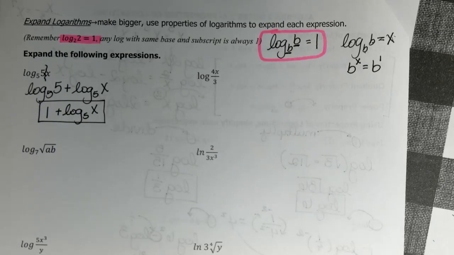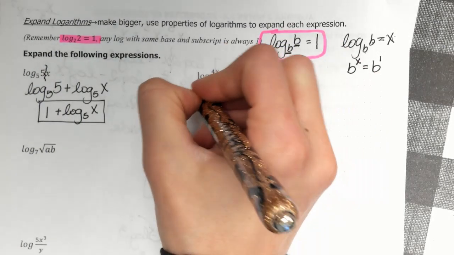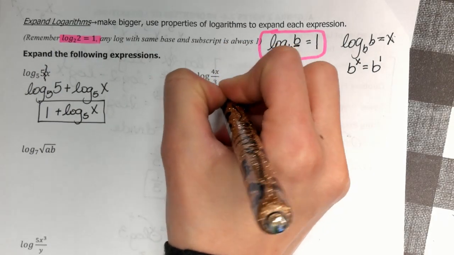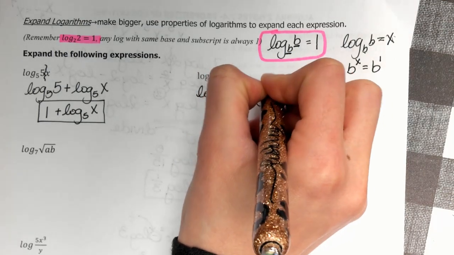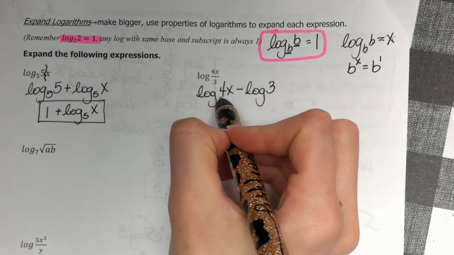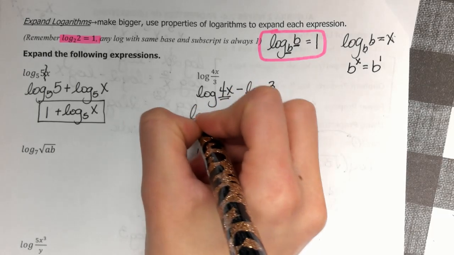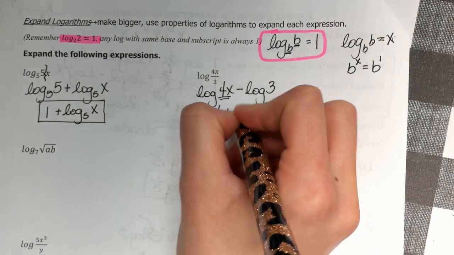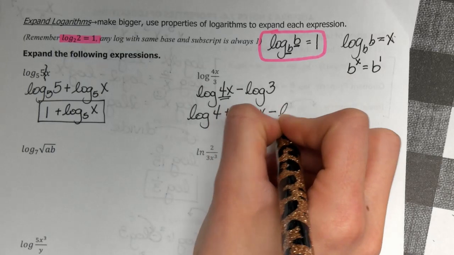And I'm not going to evaluate log base 5 of x because I'm not evaluating, I'm just expanding, and I can't do that with x. Okay, so then I've got a log of 4x over 3. So I know where there is a fraction, I need to have subtraction. Okay, so I'm going to have log of 4x minus my log of 3. But I'm not completely done because 4x is still being multiplied. So I can separate my 4x to become log of 4 plus log of x minus log of 3.